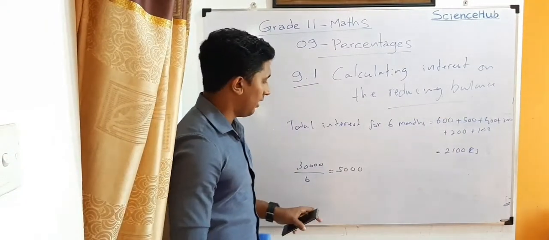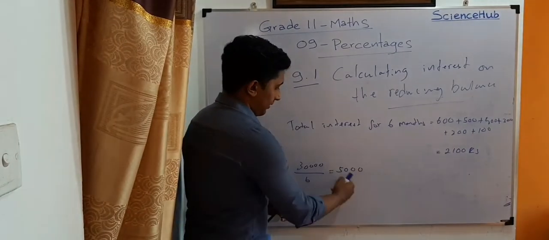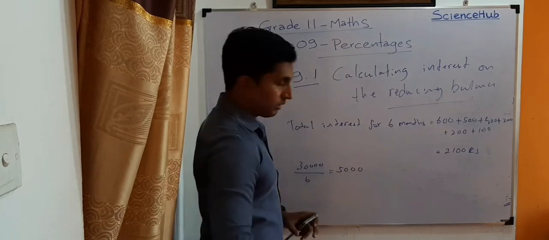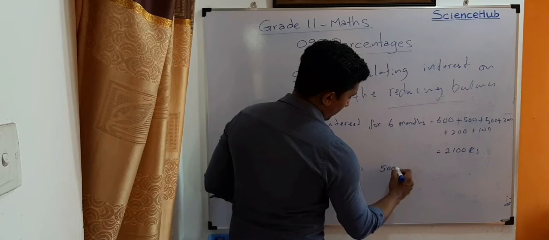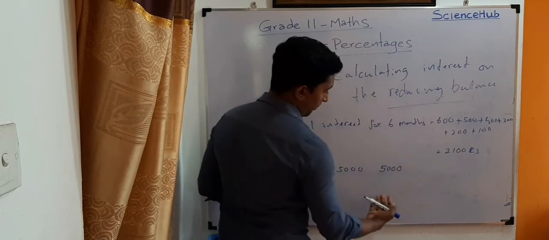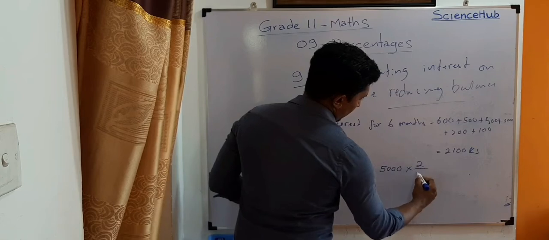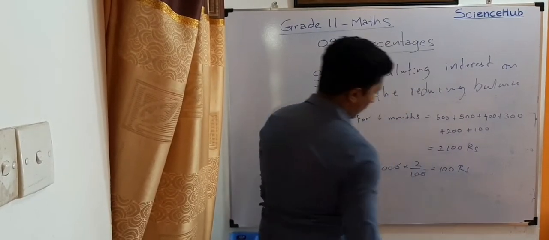Okay, then let's calculate the interest for this portion of the capital. If the installment is 5,000, then 2% of it is 100 rupees.